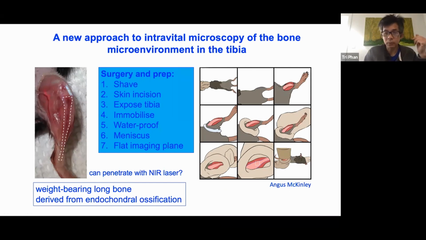And I'll tell you why in a second, hopefully. But the key thing here is that this method allows us to image a weight-bearing long bone, which is derived from endochondral ossification. And so this is where most pathology occurs.